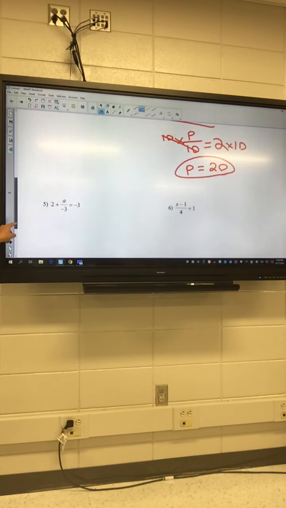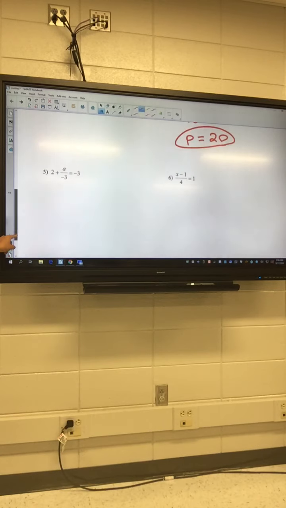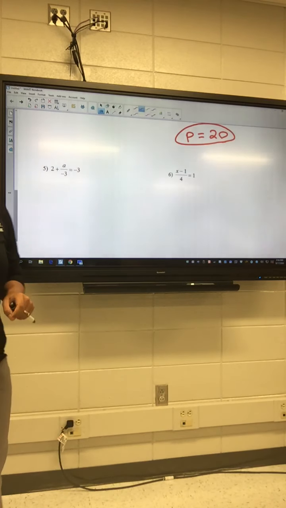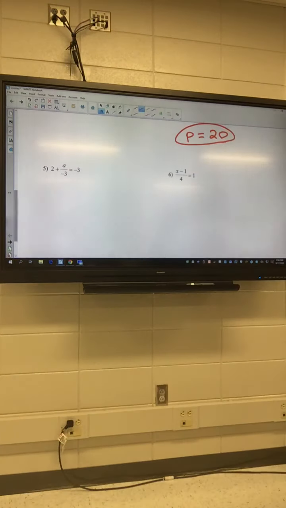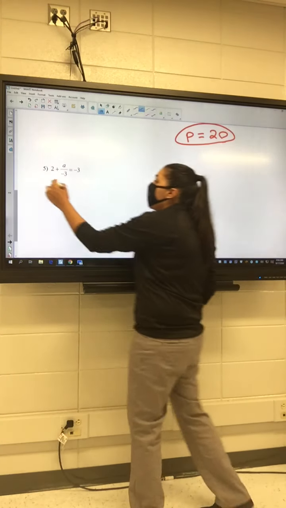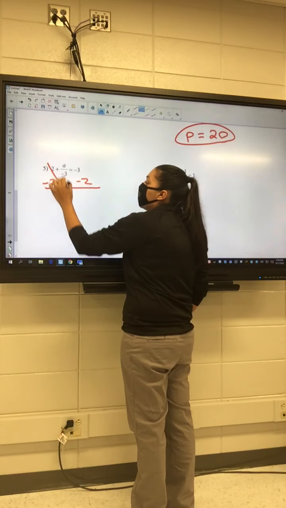Okay, look at 5. What do we need to move first? Move the 2 first. So how do I move that 2? Subtract. Perfect. Okay, right now it's add, so we're going to subtract. If I do it to one side, got to do it to the other side.